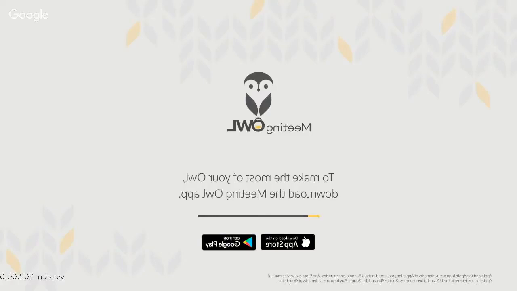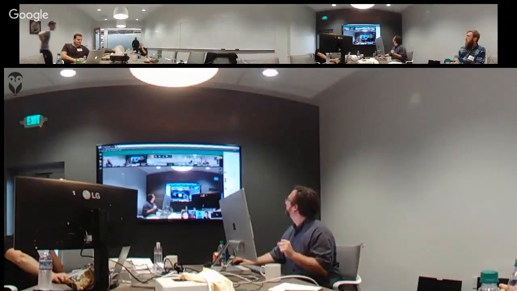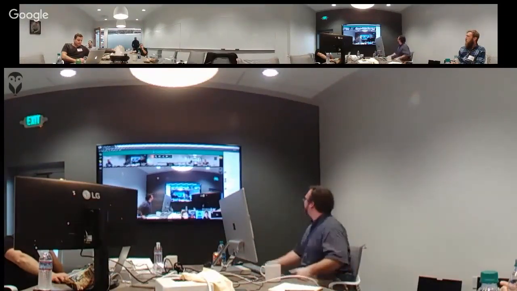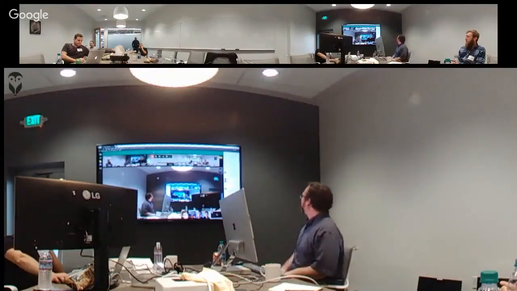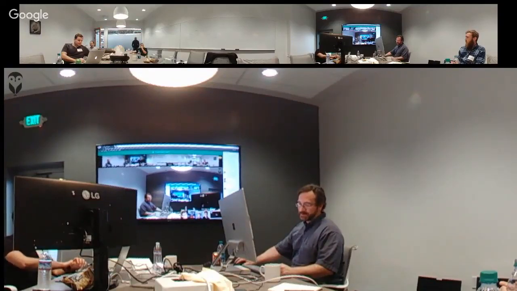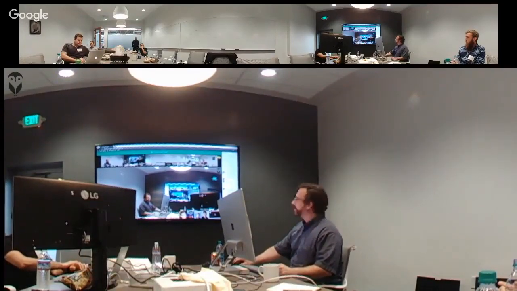Do we want to also switch to the room camera? Yeah, that's a good idea. Let me just switch that. Okay, so just one second. I'm still doing that switch so we can see the other people in here, and then we'll get into the questions. That's the OWL camera. Microphone as well. Oh, the microphone has to switch to meeting OWL. Yeah. Is that it? All right. So Ken, I'm assuming that you have something on your mind. Yeah. Wait, you can't hear me because I turned off the audio. Hold on. Just a second. Here. Okay, try again.